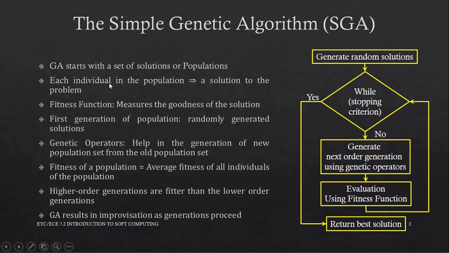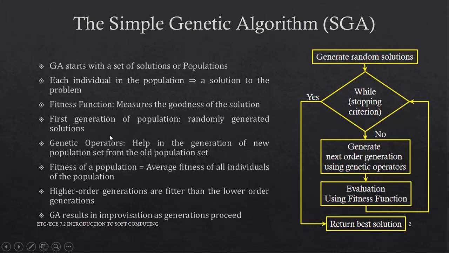To measure the goodness of the solution, we use a function called the fitness function, which must be made according to the logic. Initially, the population set contains all randomly generated solutions. This is called the first generation of the population. Then the various genetic operators are applied over the population.